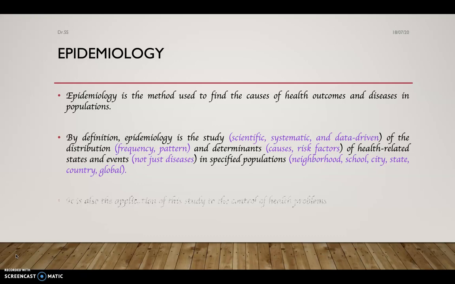So it is used for the control of health problems. Epidemiology is very important in finding health problems, because only after analyzing the reason are we able to reduce or control some diseases.